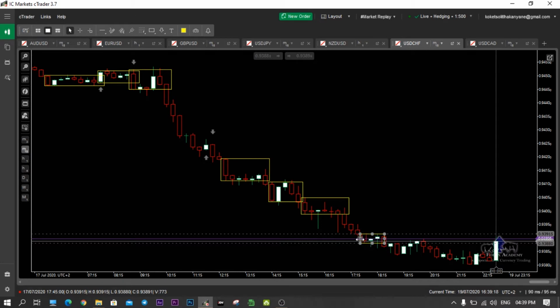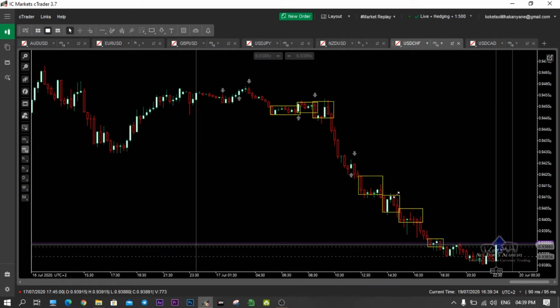Then price continued to go down up until our day's close. So this is the general view of the United States dollar against the Swiss franc.